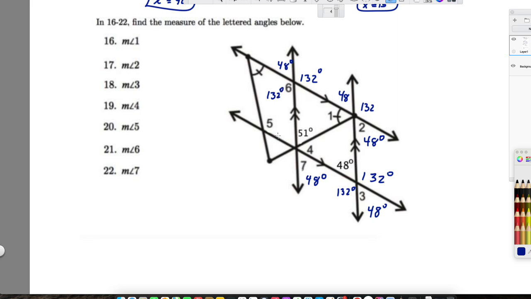Okay. We know this angle is congruent to this angle. So this angle here, let's see, what am I working with here? 50. Let's get this angle right here. 48.